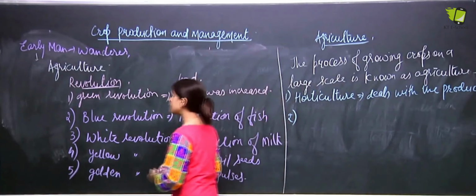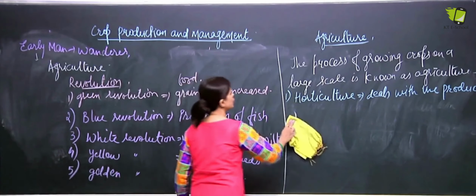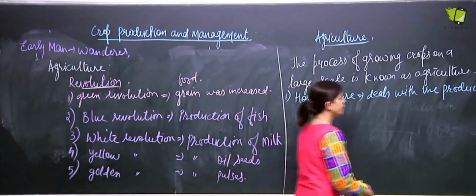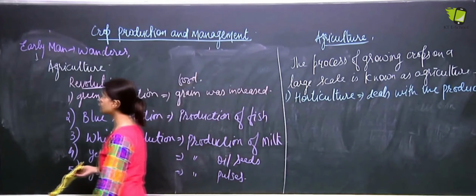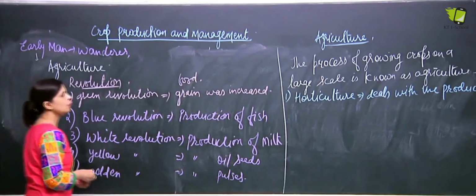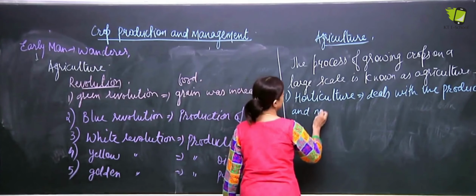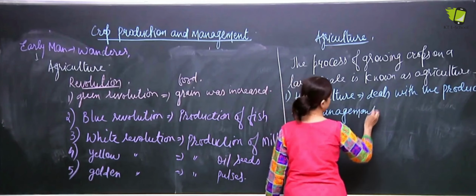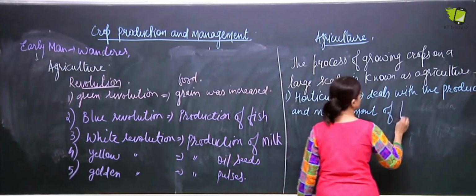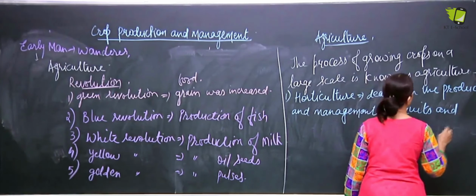It is a branch of agriculture which deals with what? It deals with the production and management of fruits and flowers.